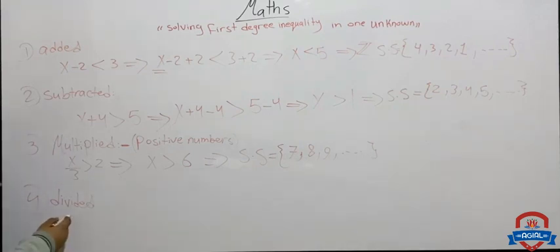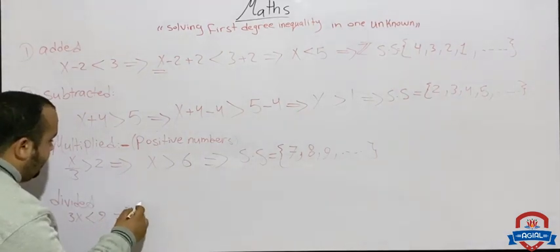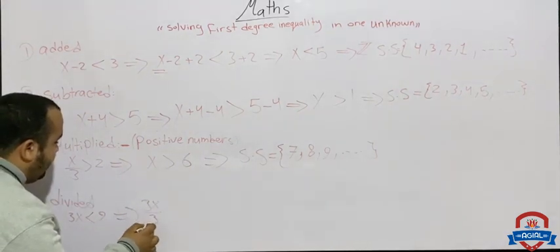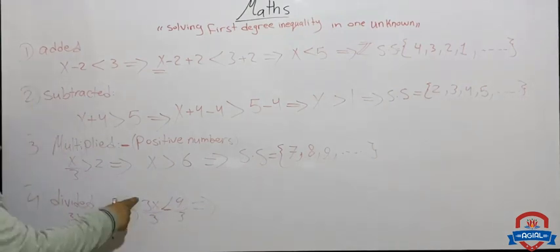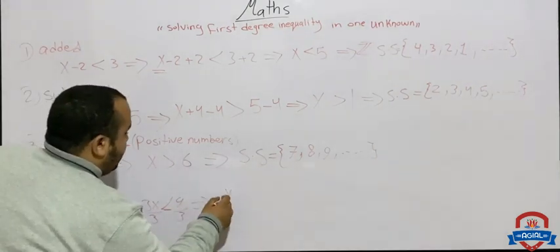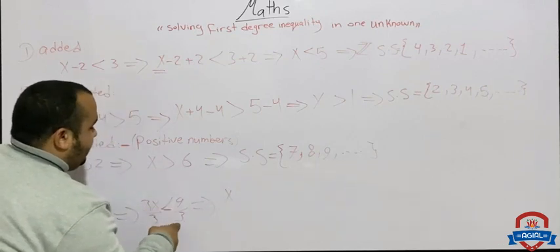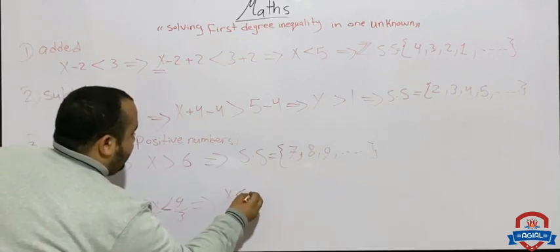For example, if we have 3x less than 9, we need to divide both sides by 3. 3x divided by 3 equals x, and 9 divided by 3 equals 3.